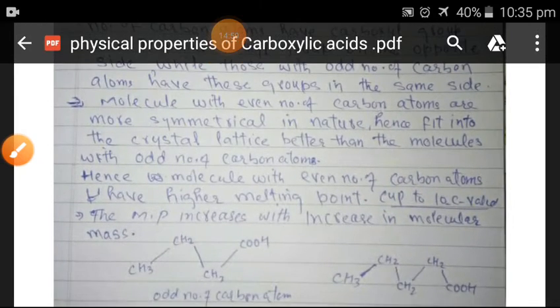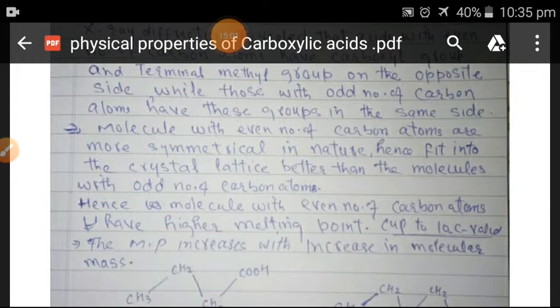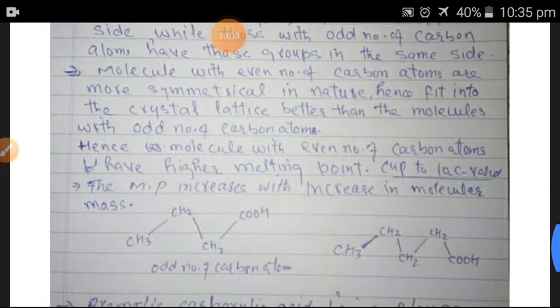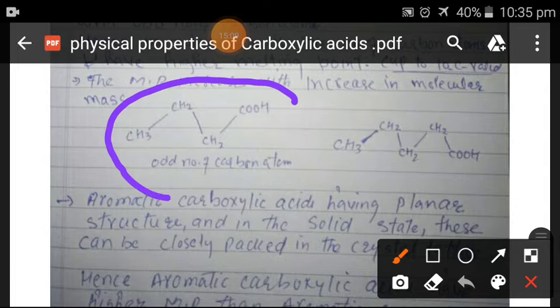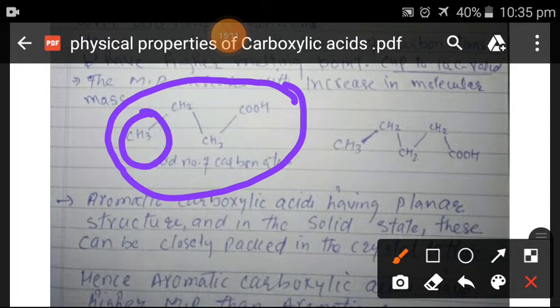Actually, in molecules with an odd number of carbon atoms, those groups are on the same side, whereas in molecules having an even number of carbon atoms, the methyl group and carboxylic acid group are in opposite directions, as a result of which the molecule possesses some symmetry.